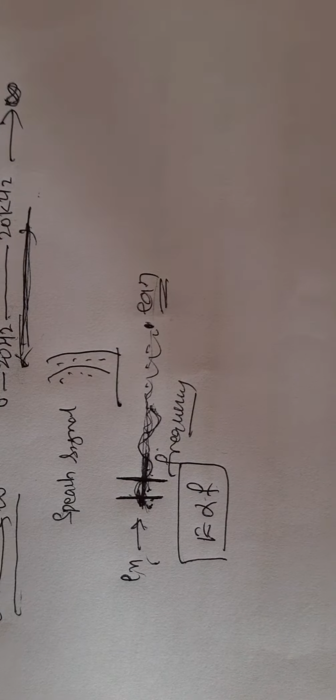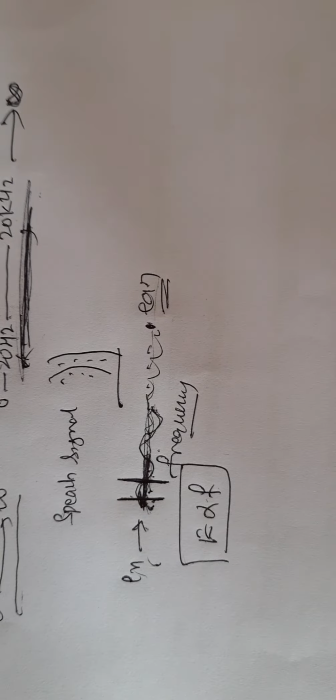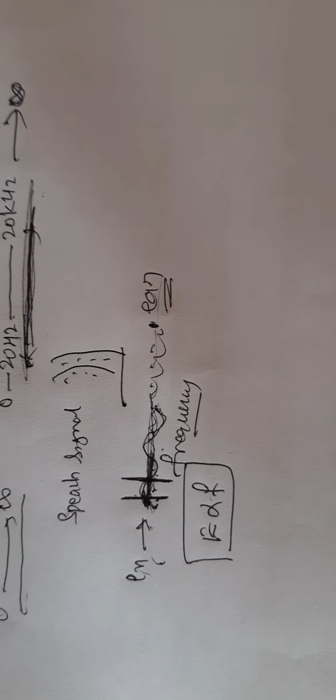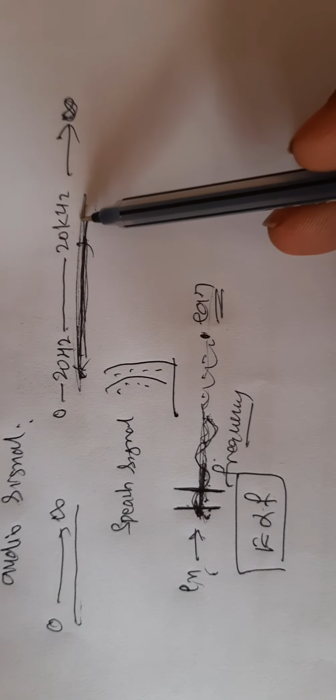But our voice signal is called the information signal. Speech, music, etc. are to be transmitted from one place to another place, separated at a farther distance. For this, the audible frequency from 20 Hz to 20 kHz cannot be transmitted to a longer distance because the energy is small.